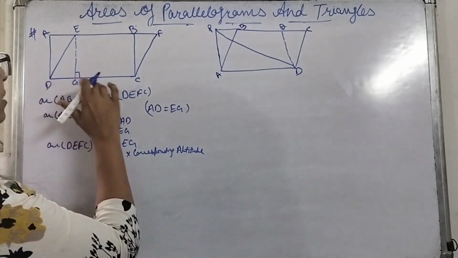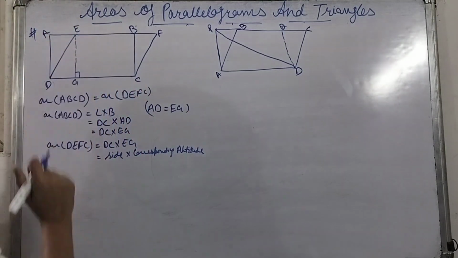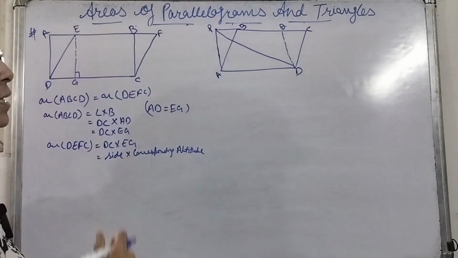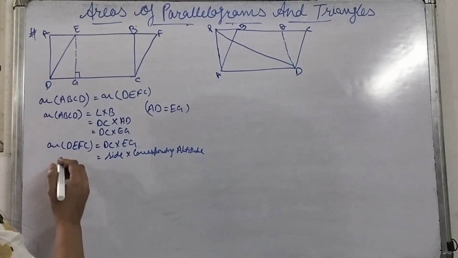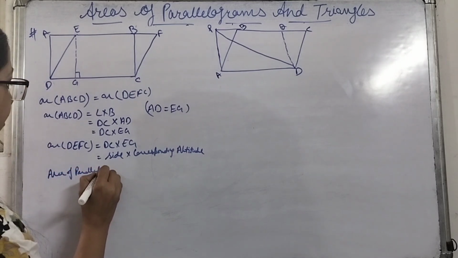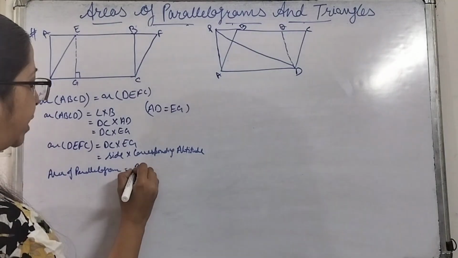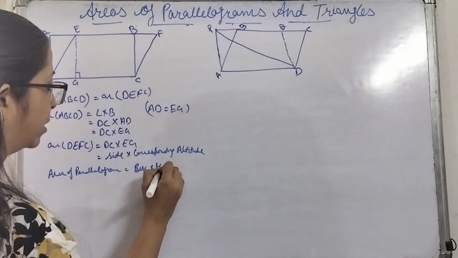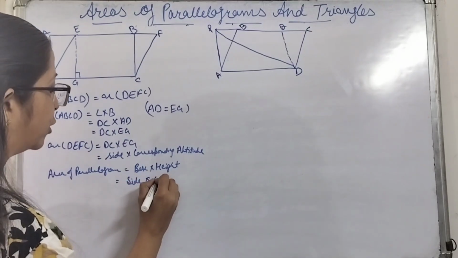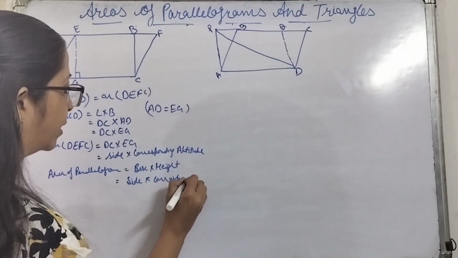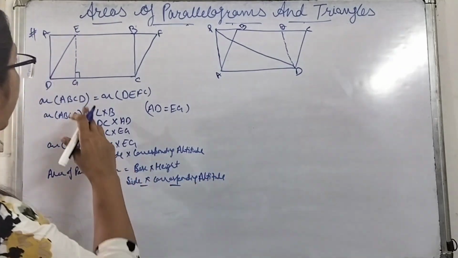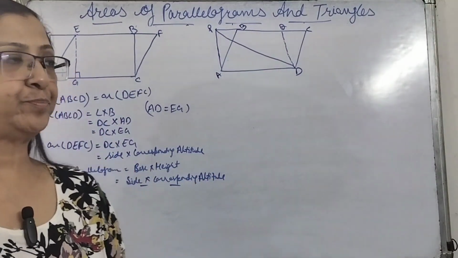If we consider this as the side, we take this as the altitude. If we consider this as the side, then from here we make an altitude. So the area of a parallelogram is either base into height, or you take any of the sides and its corresponding altitude. This is the formula for finding the area of a parallelogram.